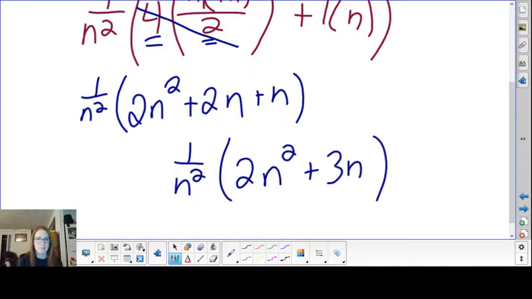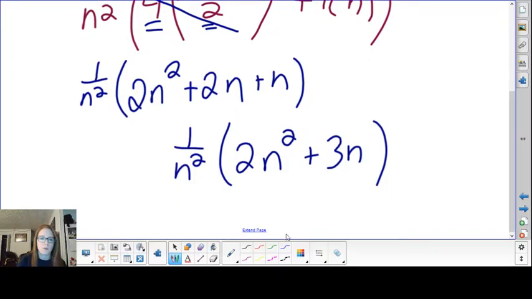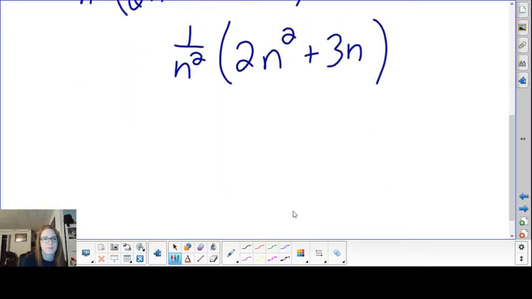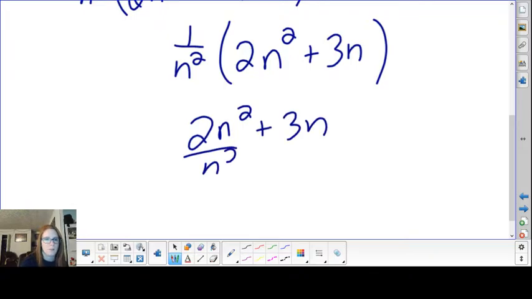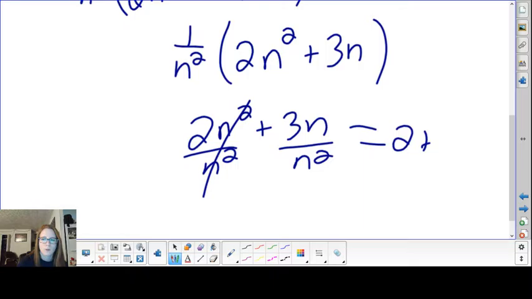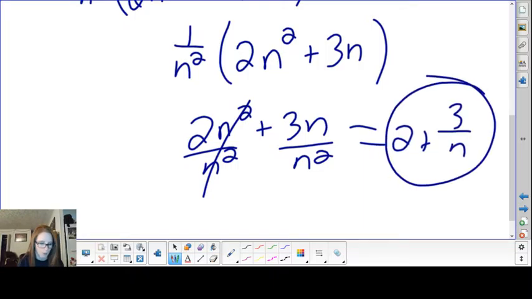Now that that's simplified into something easier, I'm going to throw that division back in. Essentially it's like saying both pieces have a divided by n squared. n squared over n squared cancels and gives me 2. Plus, I have 1 more n on the bottom, so I have 2 plus 3 over n.